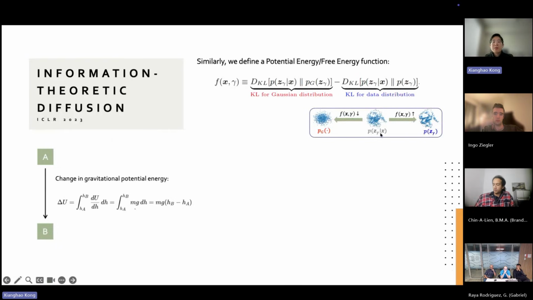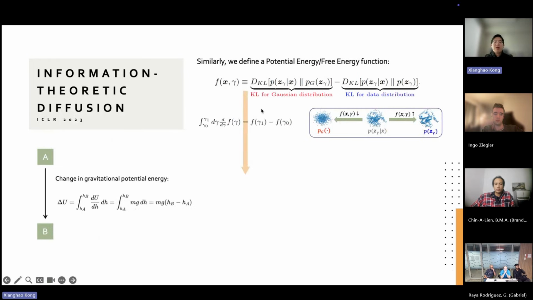If this conditional probability gets close to P_G, meaning close to Gaussian, the free energy value will decrease. But conversely, if we push this conditional probability closer to P(Z_gamma), the free energy value will go up. So it's basically the idea of the change in gravitational potential energy, right?